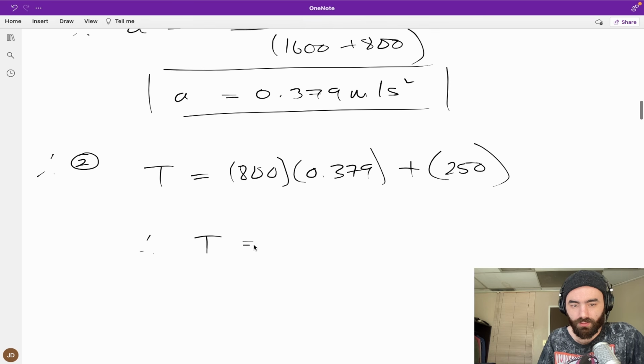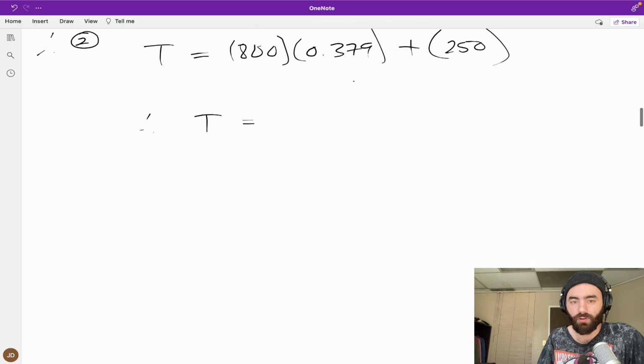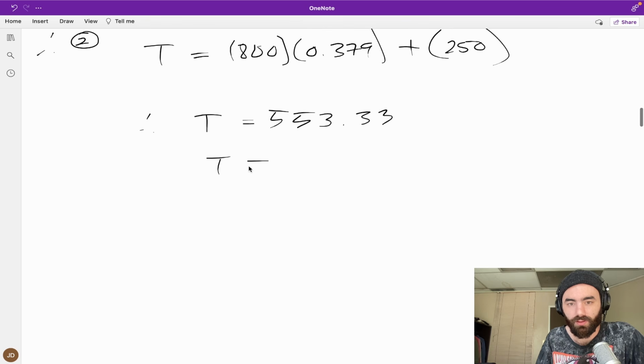Therefore T equals 800 D, which is 333. 3.33. So we could round that, let's say 550.